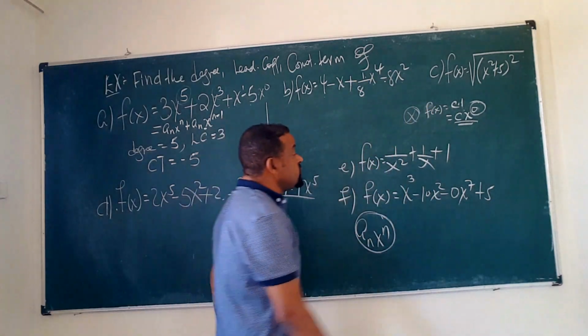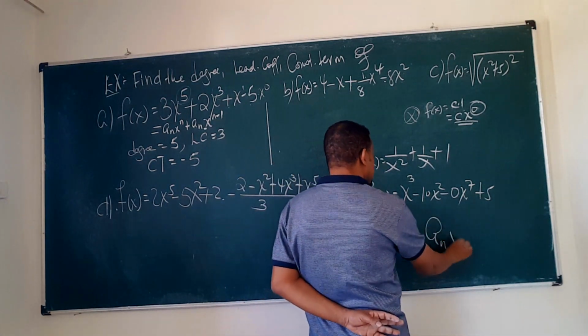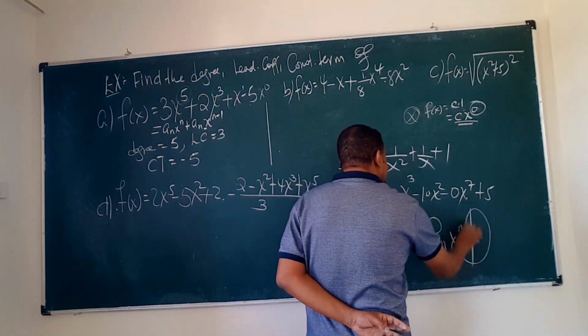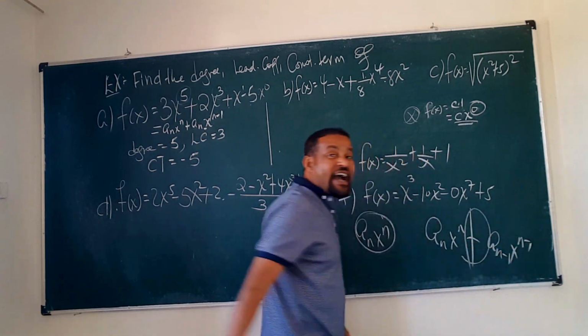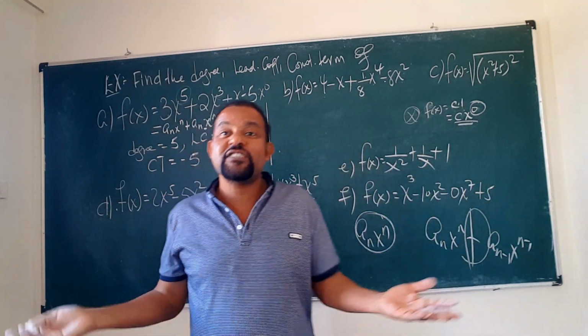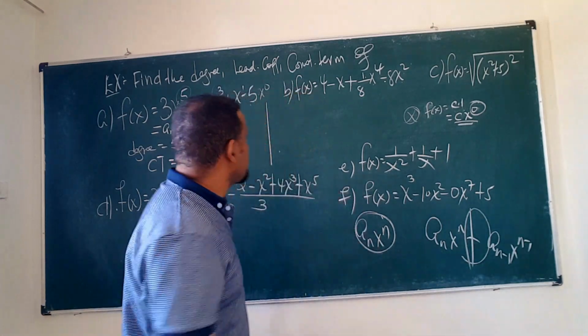No problem, because the polynomial is a_n x to the power of n plus a_(n-1) x to the power of n minus 1 and so on. Since addition is commutative, the change of position is no problem at all.